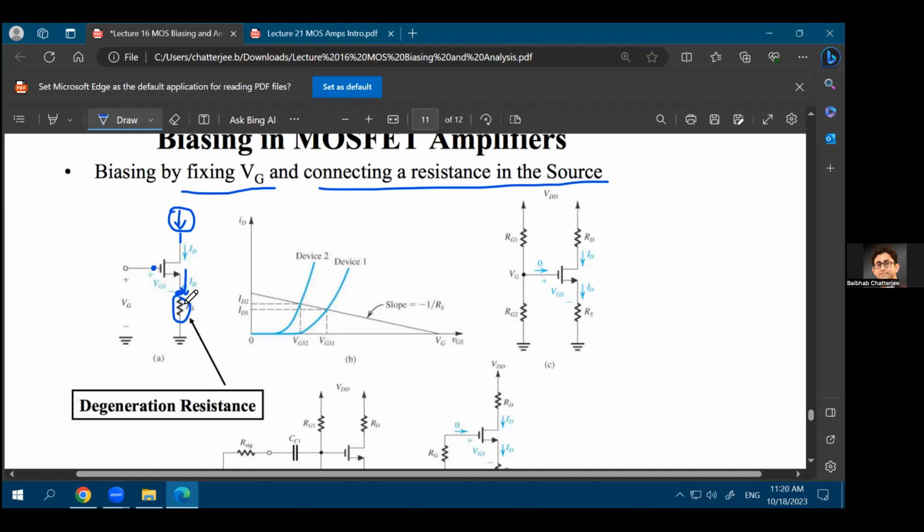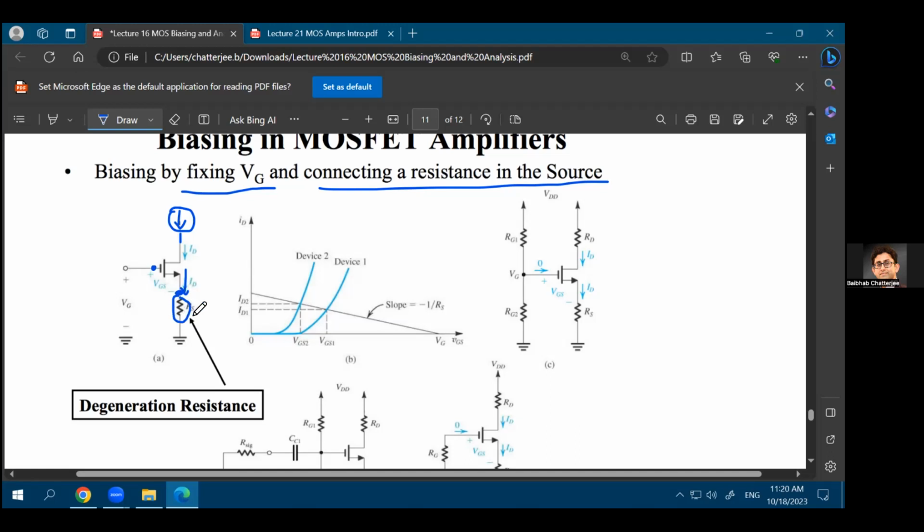But by using this kind of resistance at the source, what we'll see later is that the gain reduces, the gain degenerates, but also the gain becomes much more stable. We'll look into that, and that is the main advantage of using this degeneration resistance at the source side.